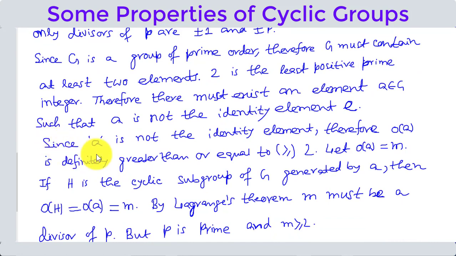Since a is not the identity element, the order of a is definitely greater than or equal to 2. Let the order of a be equal to m. If H is the cyclic subgroup of G generated by a, then the order of H is equal to the order of a, which is m.